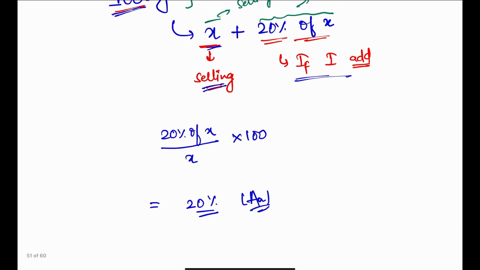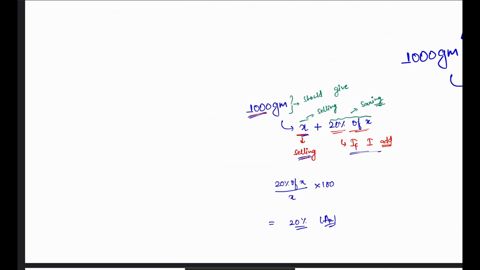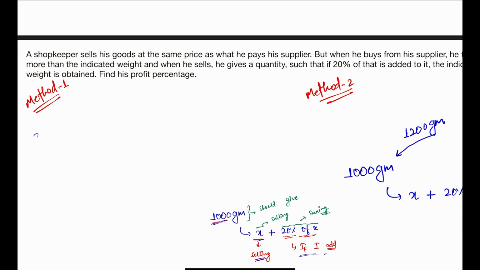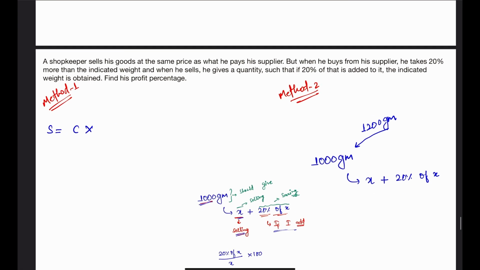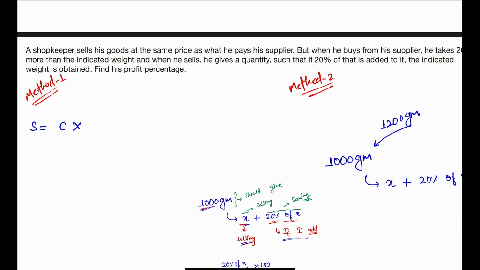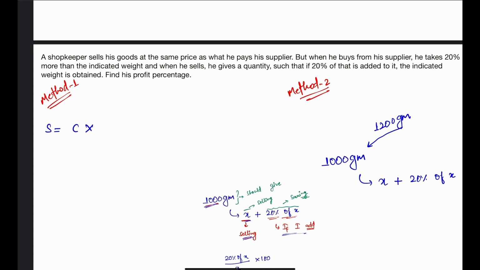So if I understand this analogy correctly, from method 1, what I will say is that my selling price S will be equal to cost price into, when he buys from the supplier, he takes 20% more than the indicated weight. So more than the indicated weight if he is taking, then it is obviously his profit only, because he is the one taking.